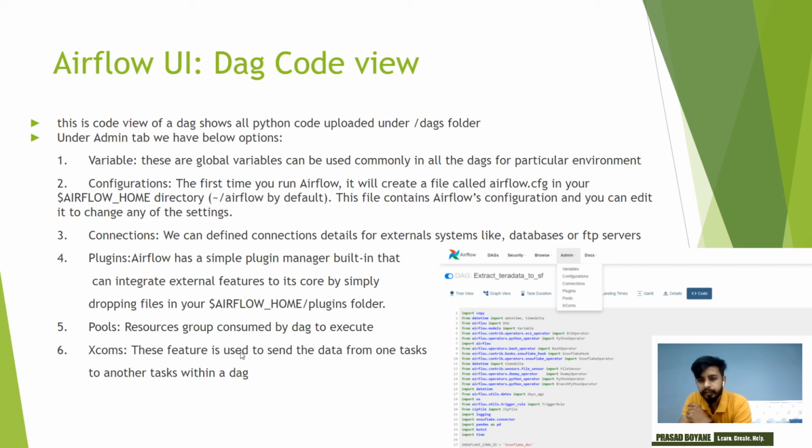If you see in the admin panel, there is a third option called connections. You can set up a connection there and just call that connection inside your program. So inside the program, it's not hard coded. Once the connection is created, you can call it in multiple DAGs if the same connection is required. So that's again a very modular and powerful thing.